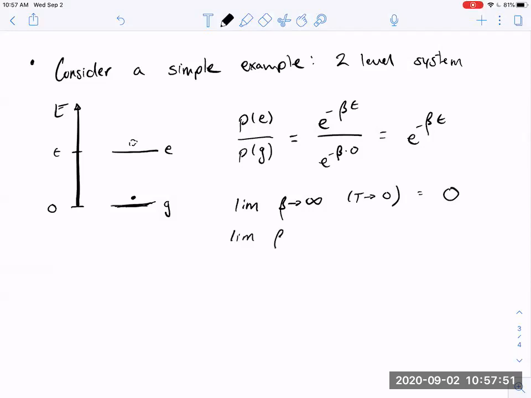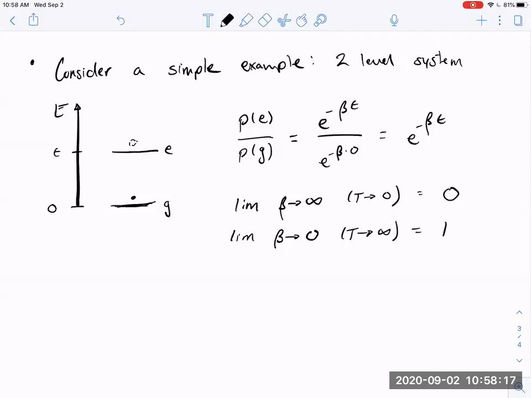Alternatively, as beta goes to 0, the temperature is like going to infinity. Well, what's the relative probability now? E to the minus beta epsilon, or e to the minus 0, what number is that? That number is just 1, which is kind of interesting.